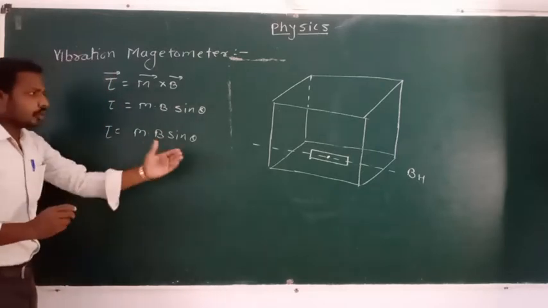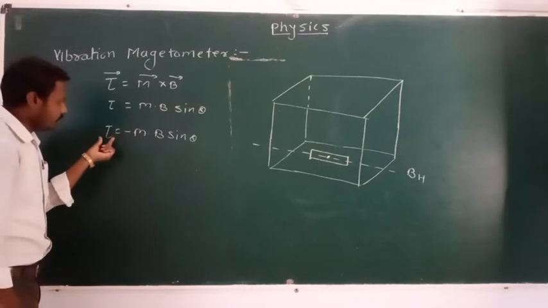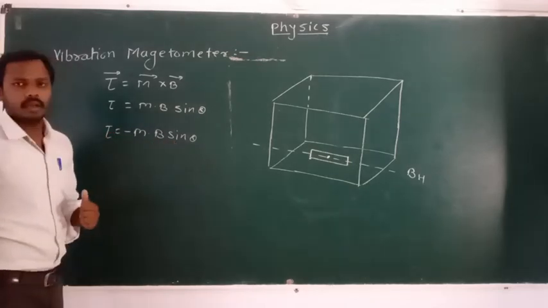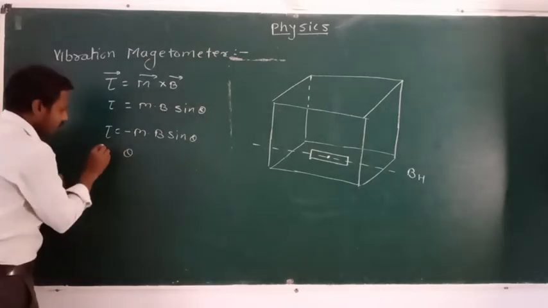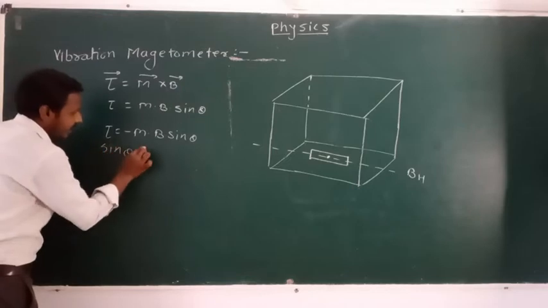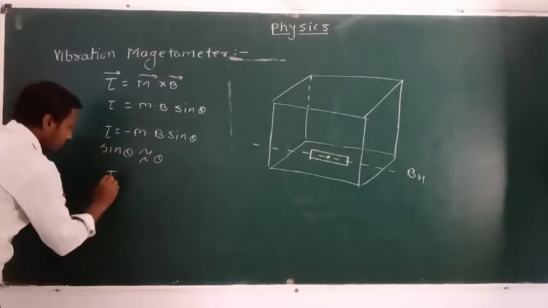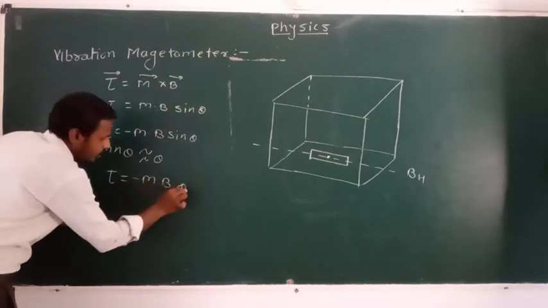Due to the restoring torque we can write torque is equal to minus m b sine theta. Now if the angular displacement is very small, then instead of sine theta I can write only theta. Therefore our formula becomes torque tau is equal to minus m into b into theta.